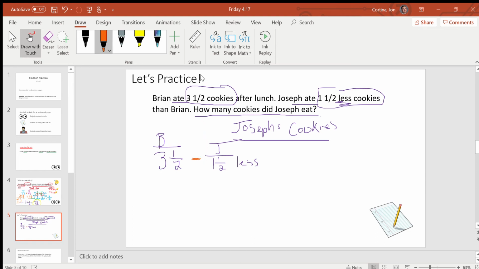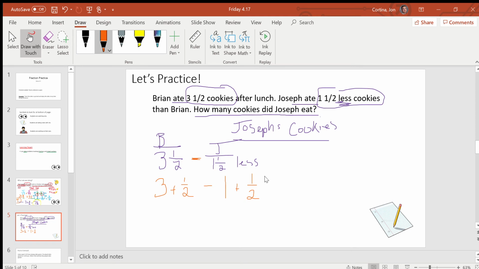So we're going to follow our same process for adding and subtracting mixed numbers. We're going to start by decomposing each mixed number. So we have 3.5 is 3 plus 1/2 minus 1 plus 1/2.